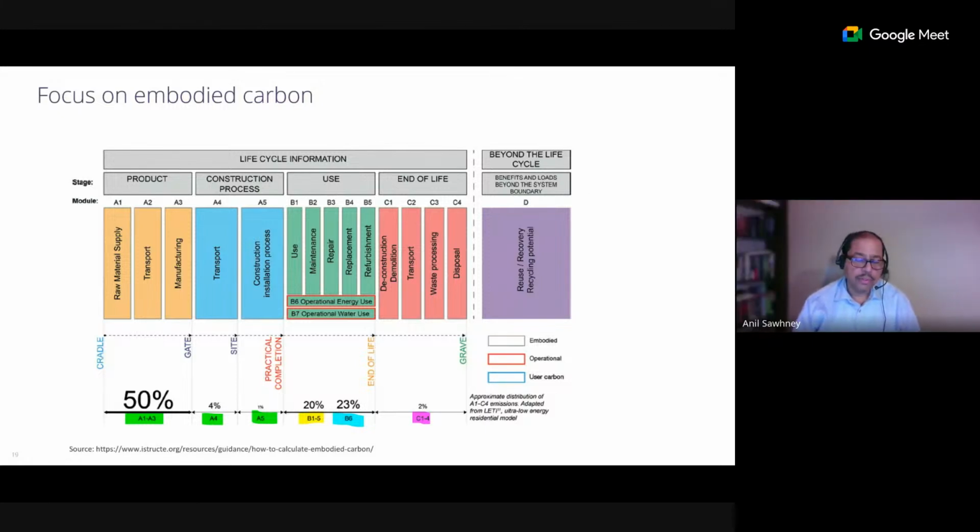So A5 is all your emissions from equipment. Let's say you're running a diesel generator on site. You're running a site office that is connected to temporary electric and water. You have a tower crane. Maybe you have an excavator.